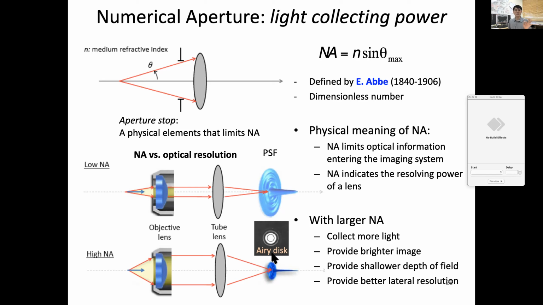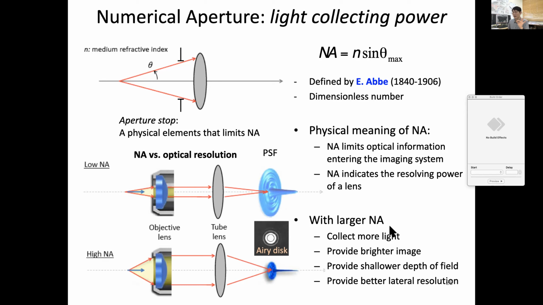That was discovered and named by Airy, so we call it an Airy disc. The size of the central disc really determines your optical resolution because a tiny point becomes this disc. So the smaller the disc, the higher the resolution, and that actually comes from high NA.